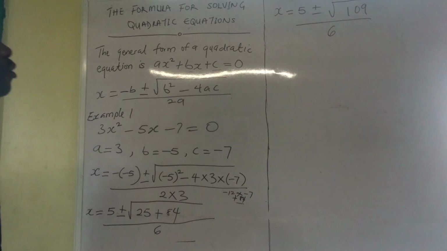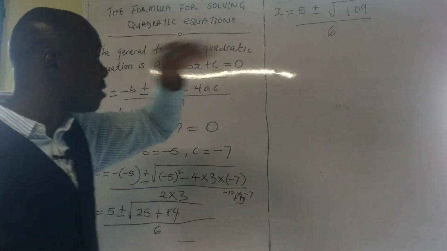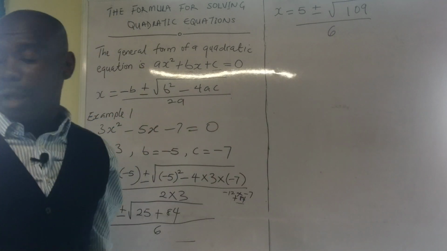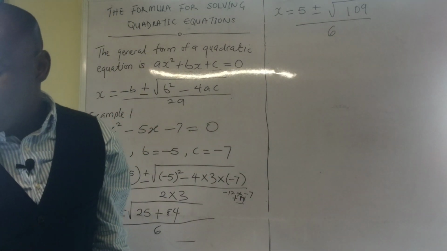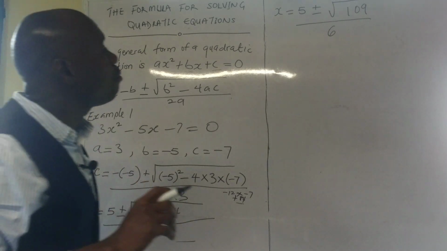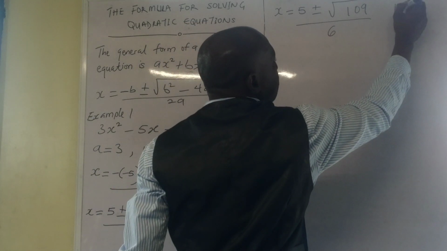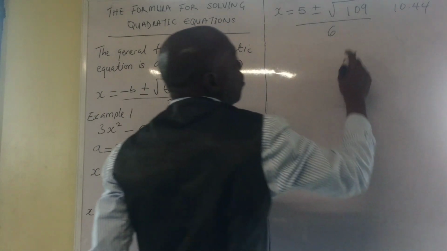From here, we need to check the square root of this. From our calculator, it's giving us 10.44. So we have 10.44 here for our square root.